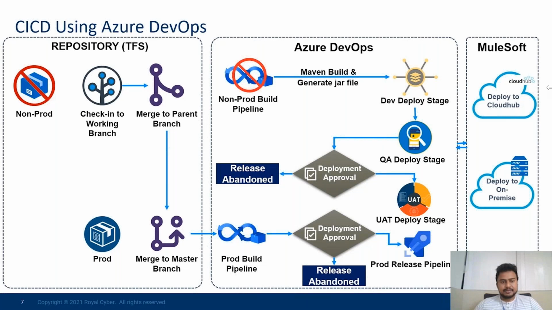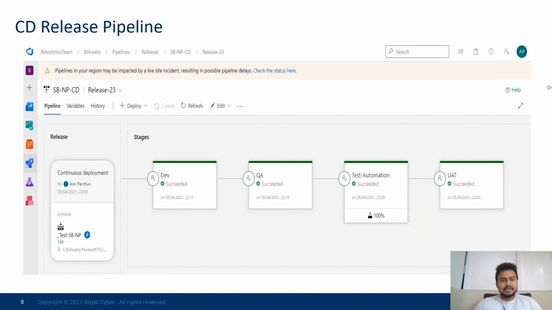We can configure approval steps for QA and UAT deployments. Once the respective testing teams in each environment provides their sign-off, merge to the master is performed, triggering the prod pipeline. This step can also have its respective approvals.